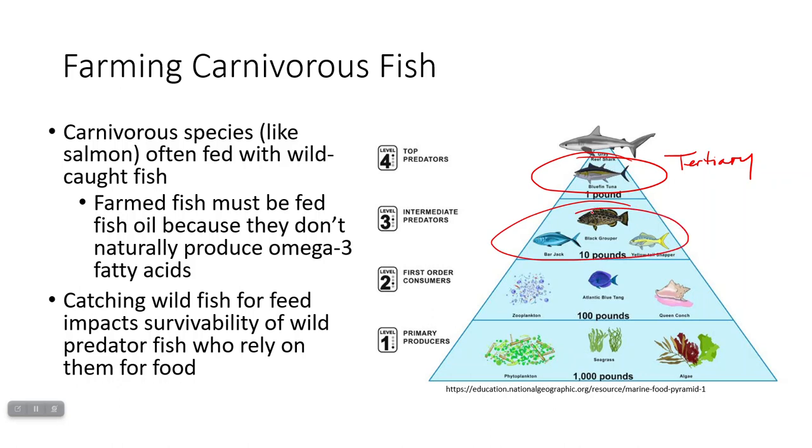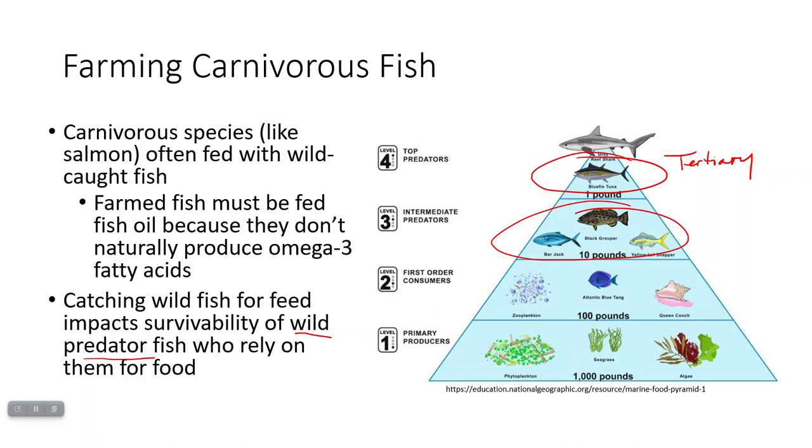So in the past, to farm salmon, what we've done is we've caught wild fish, ground them up, turned them into fish feed, and fed them to our salmon. But that doesn't stop the problem of overfishing. And that will also affect how wild predators that feed on those feed fish will survive.